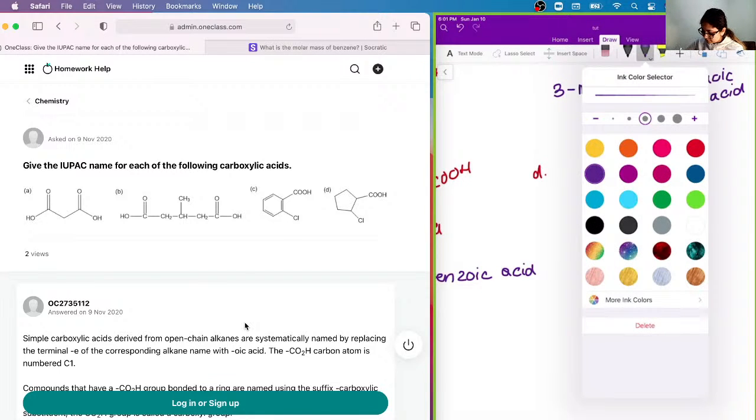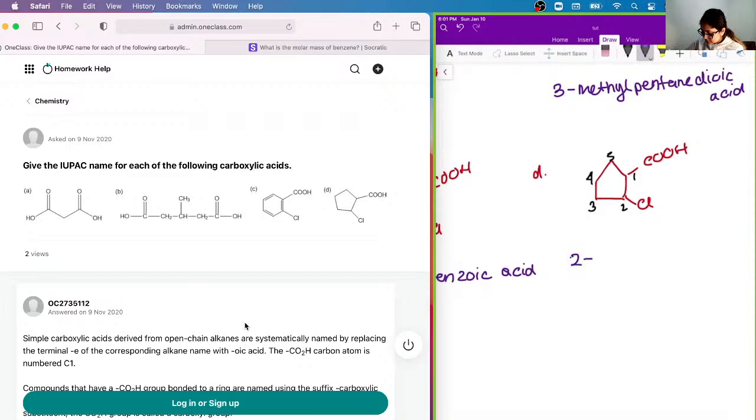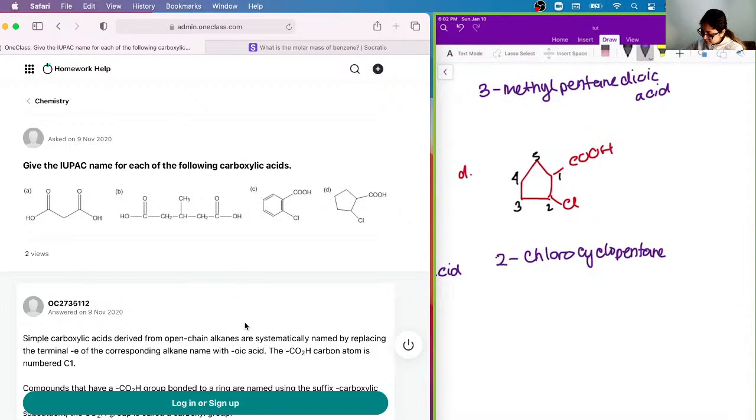In this case, we have chlorine, so it's going to be 2-chloro cyclo, right? So cyclopentene, because it's in the cyclic form. Pentanoic acid.